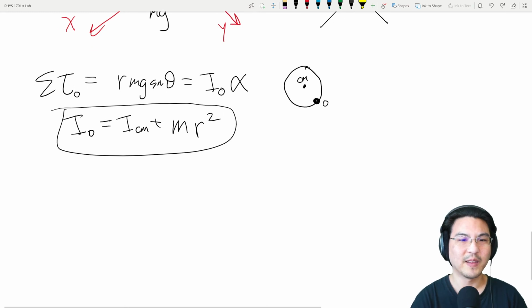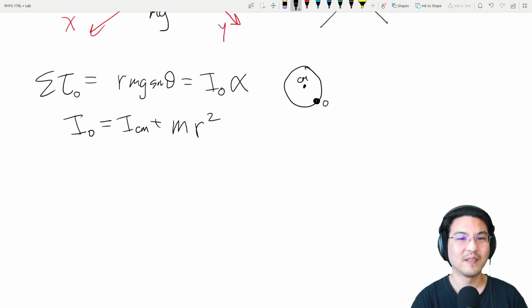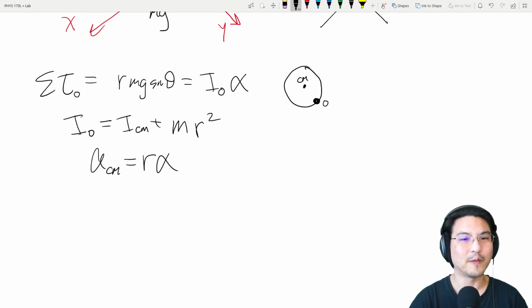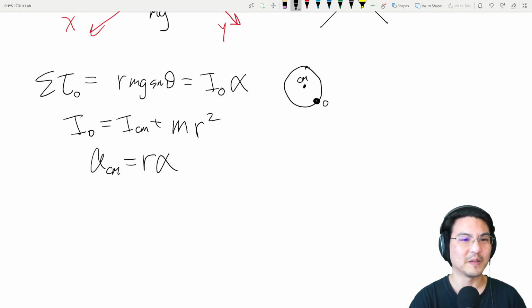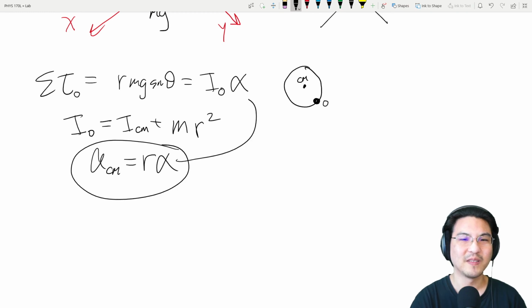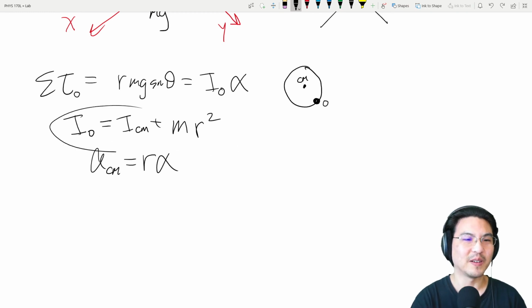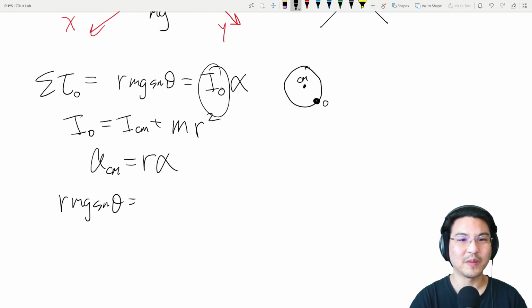And then if it's rolling without slipping, then the acceleration of the center of mass is r alpha. Okay, so let's combine all of this. So r mg sine theta equals I about that origin, which is I center of mass plus mr squared.